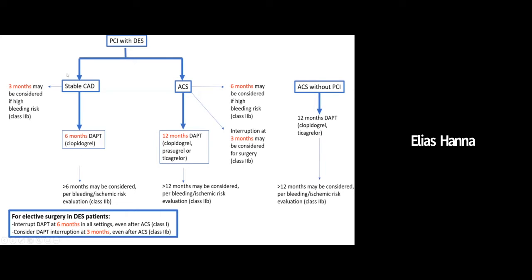So for surgery, you kind of apply almost the stable CAD approach to ACS. It's 6 months, you can interrupt on everybody, class 1, 3 months if you have to, class 2B. So I hope everybody understands that slide.